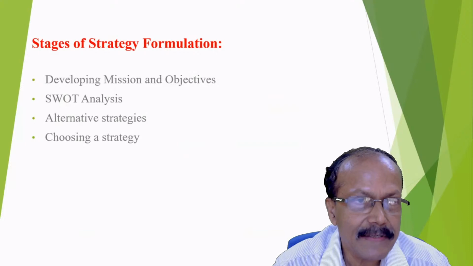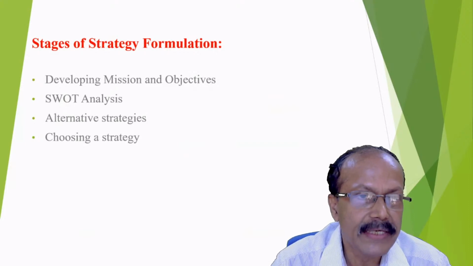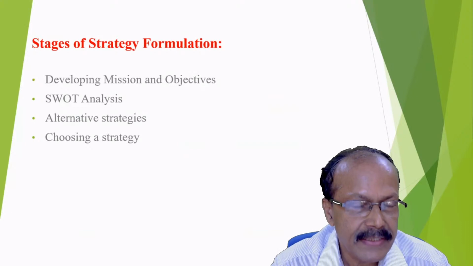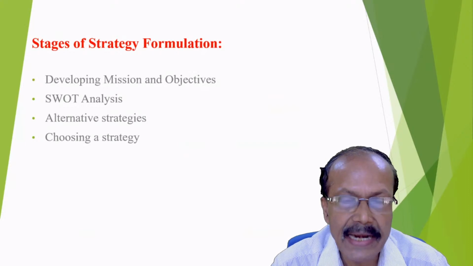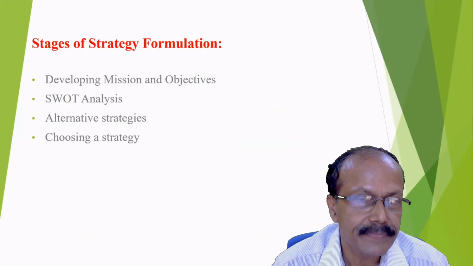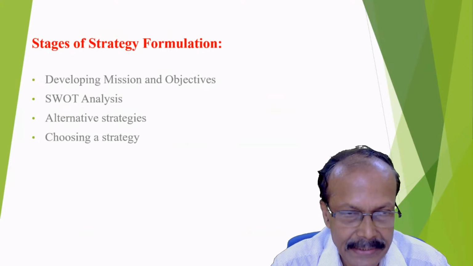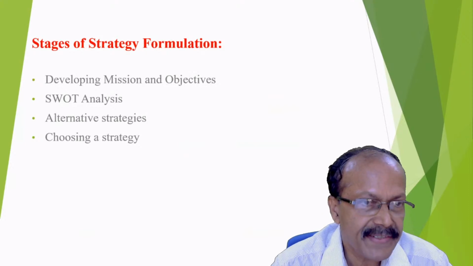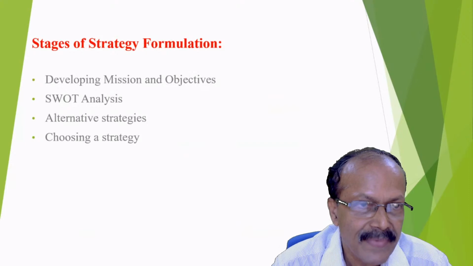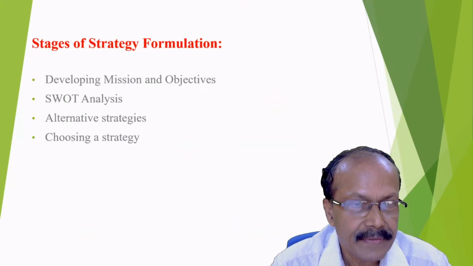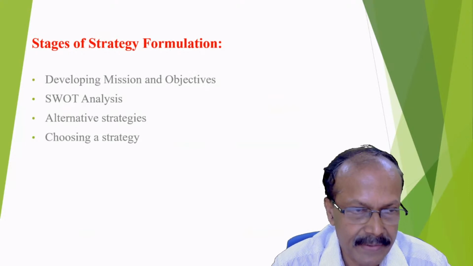If you see the strategy stages during formulation, first it refers to developing the mission, vision, and objectives. Based on that, the company will conduct a thorough SWOT analysis, that is analyzing the internal and external factors, internal factors being strengths and weaknesses of the organization, and external factors being opportunities and threats in the marketplace.